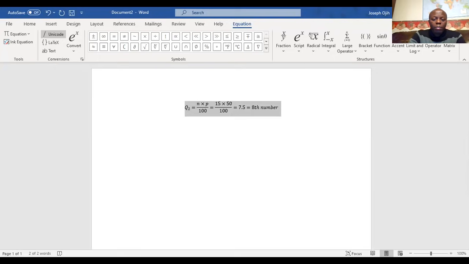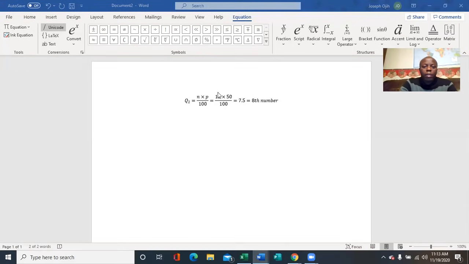So it's right here. Let me make sure that you guys are seeing it. Okay, main workbook. I think you're seeing it. So this is quartile 3. N times P is now going to be 75. And then let's see what our result will be from the calculator.